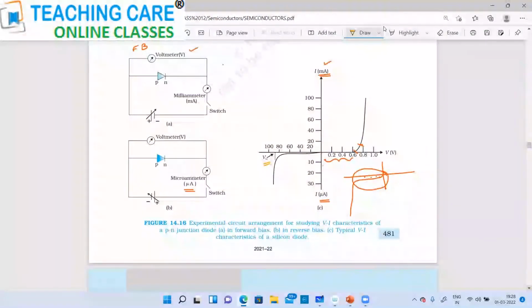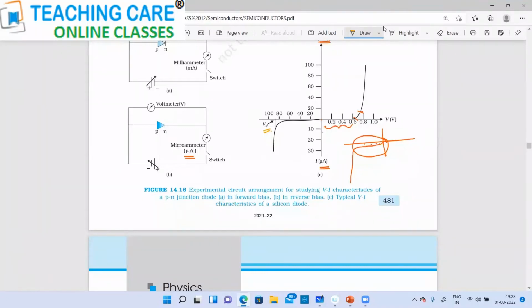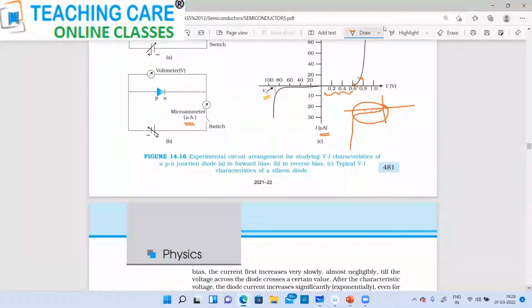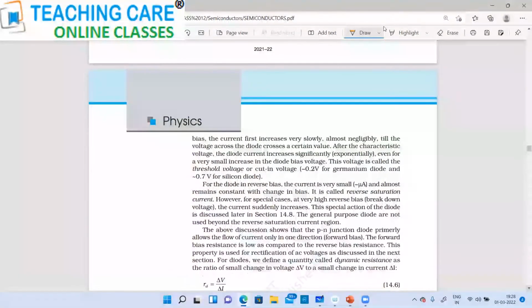In reverse bias, it creates somewhat of a battery of reverse potential, we can say, because of the depletion region. See, the reverse saturation current.